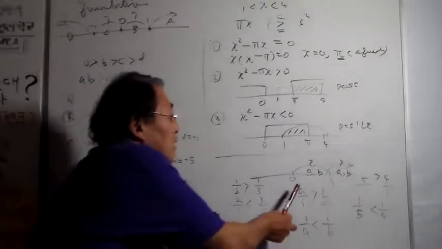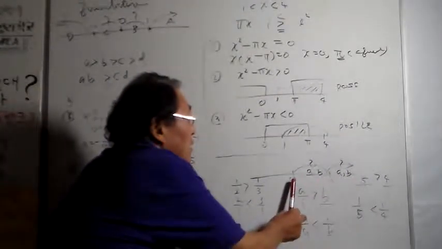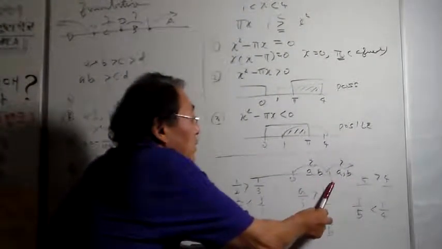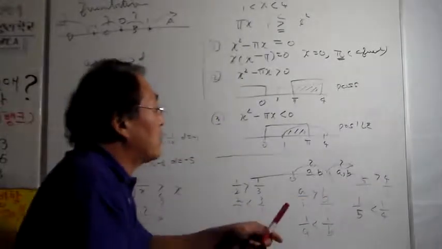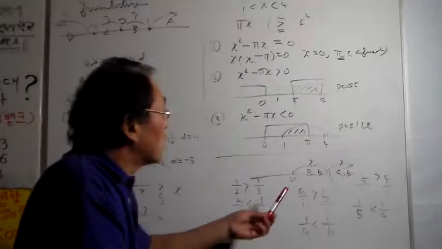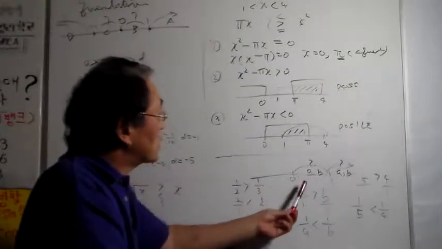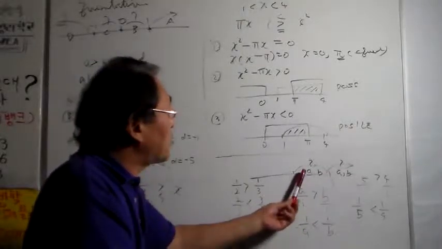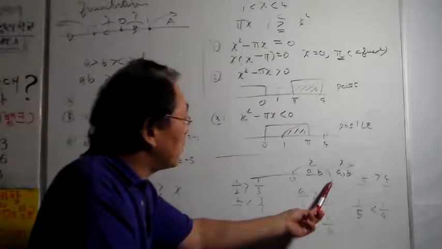Okay. This is a number line: 0 here, 1 here, and more than 1 here. Greater than 1. In this case, some number A and B are between 0 and 1.